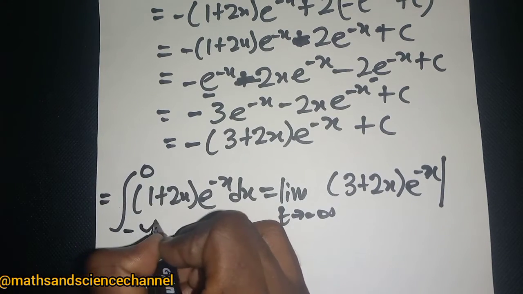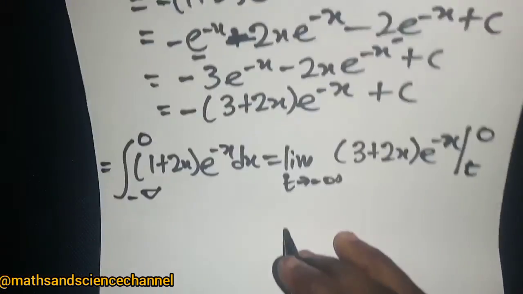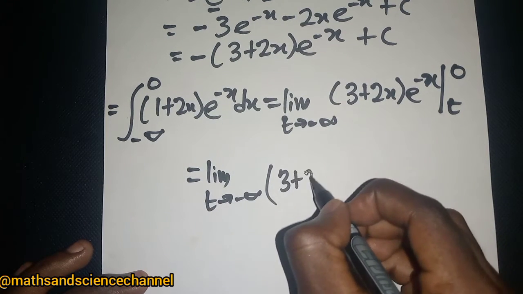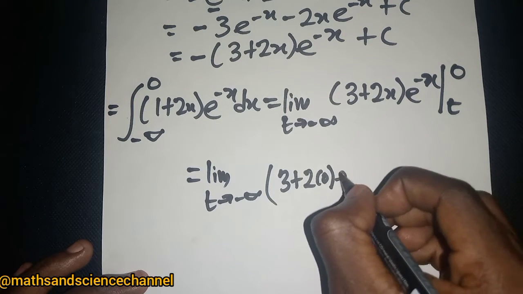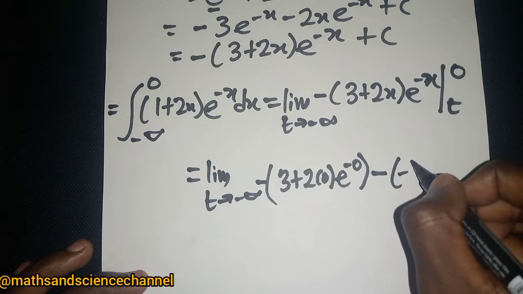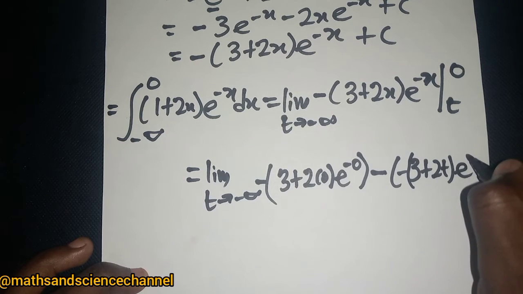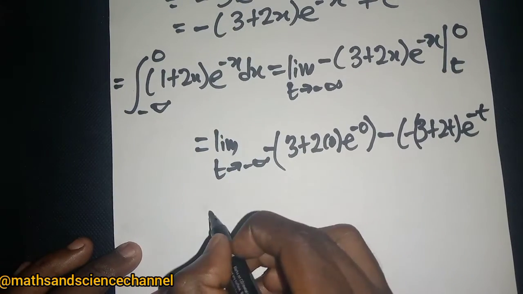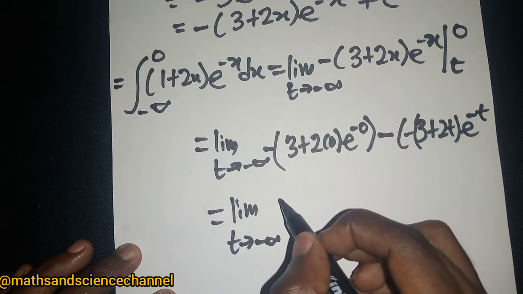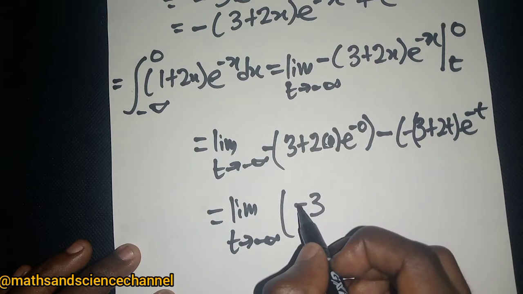So having that, the limit as t approaches negative infinity, we have 3 plus 2 times 0, times e to the negative 0, which is negative 3, minus the bracket negative (3 plus 2t) e to the negative t.